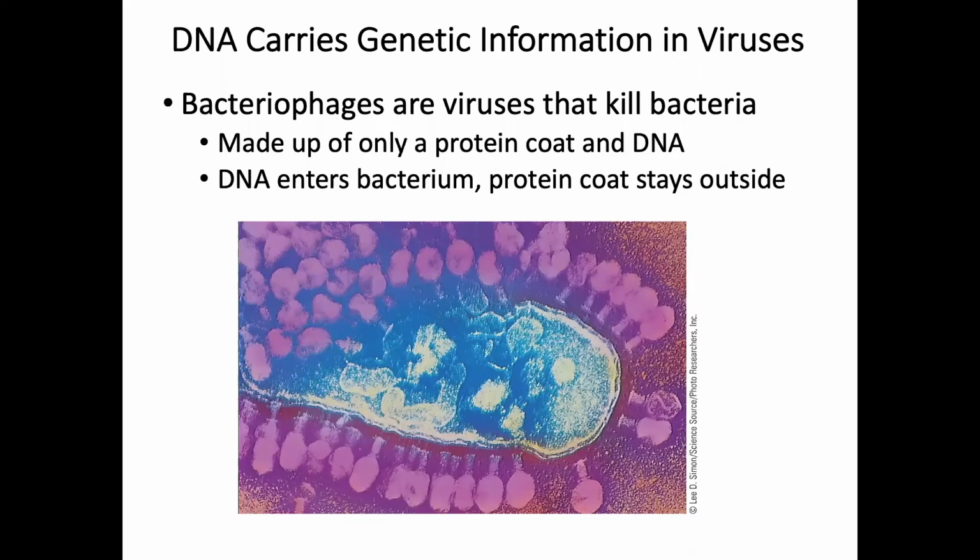In the late 1940s and early 1950s, scientists began to study viruses that attack and kill bacteria. These viruses were named bacteriophages, or simply phages. Phages consist only of DNA and a protein coat, making them ideal candidates to help identify which of these molecules carries genetic information.